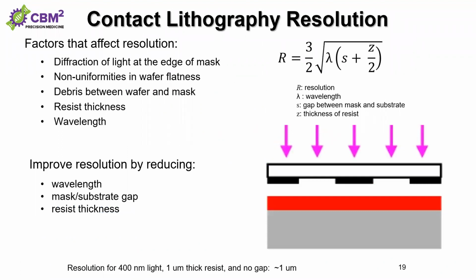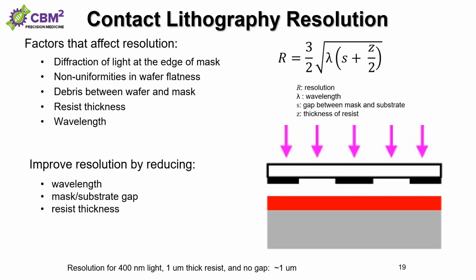As I mentioned before, the resolution depends on many factors. For example, the diffraction of the light at the edge of the mask, whether your substrate is uniformly coated and flat, or whether there is any dust or debris between the wafer and mask.